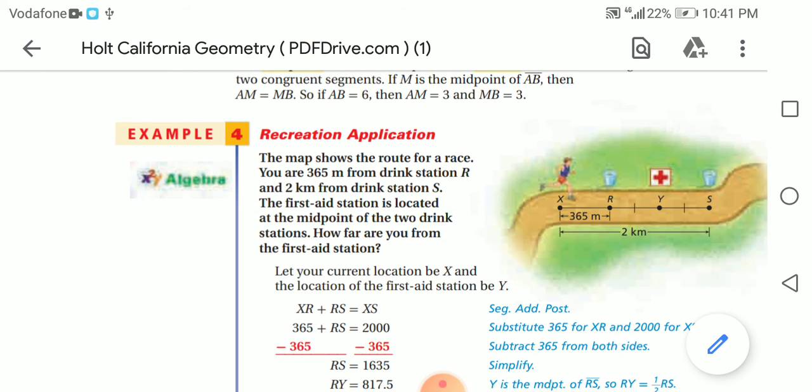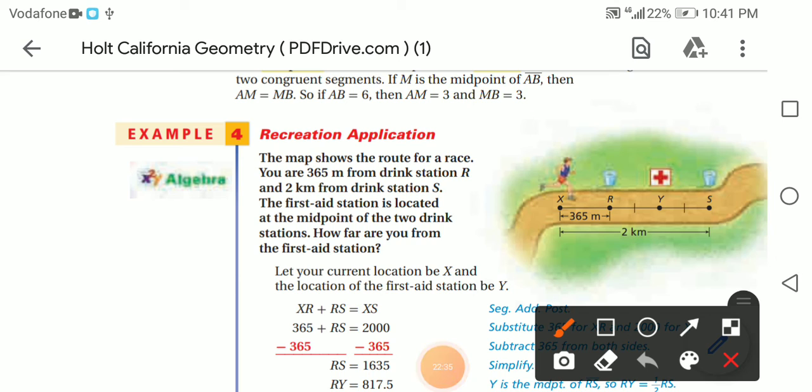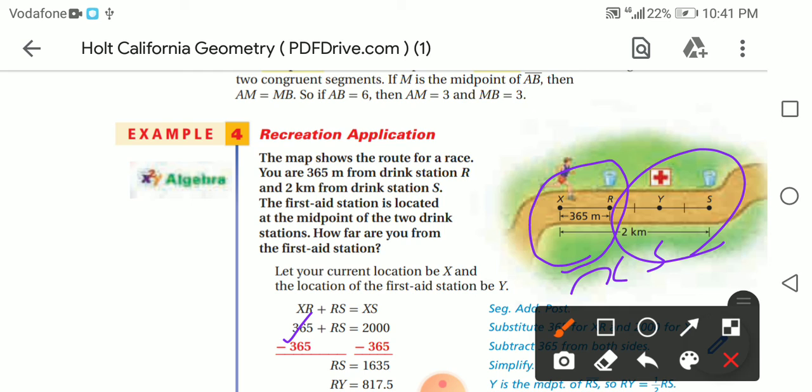While drawing, it's very easy to see the steps I'm going to use. So XR equals 365 plus RS. I don't know RS, but I know that XS, the whole segment, equals 2 kilometers, which is 2,000 meters, right?